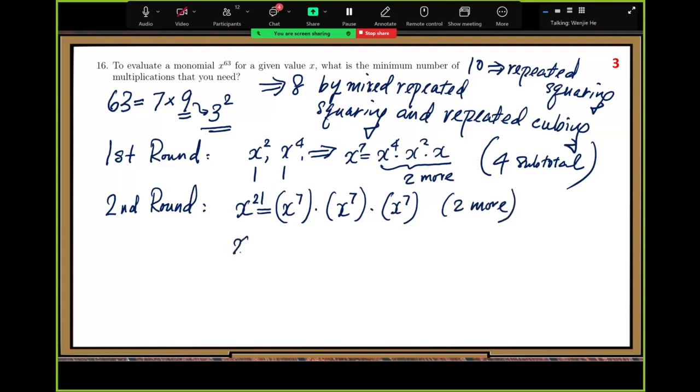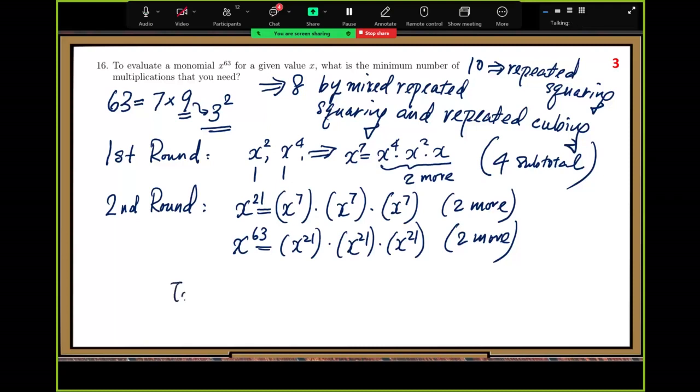Then x to the 63rd equals x to the 21st times x to the 21st times x to the 21st, and 2 more. Then you add up the total: 4 plus 2 plus 2 equals 8.